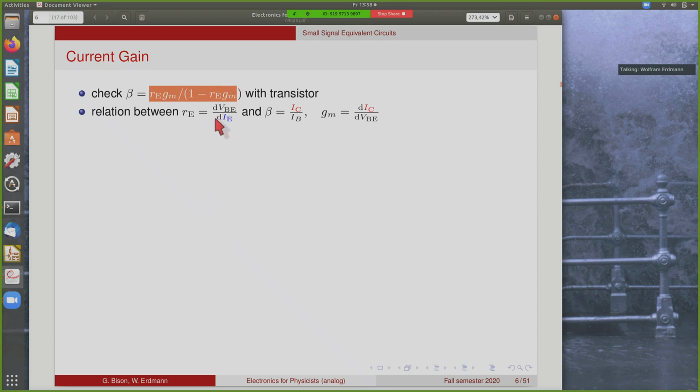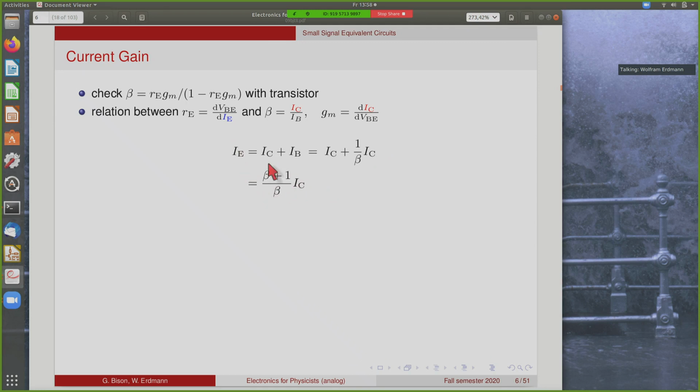And it is a relation now between this RE, which is a function of the emitter current, and beta and GM, which are functions of the collector current. So we start with this relation between emitter current, collector current and base current. So we say the base current is 1 over beta times the collector current.